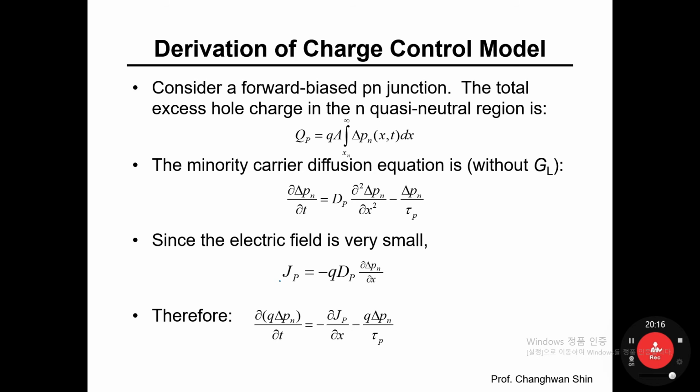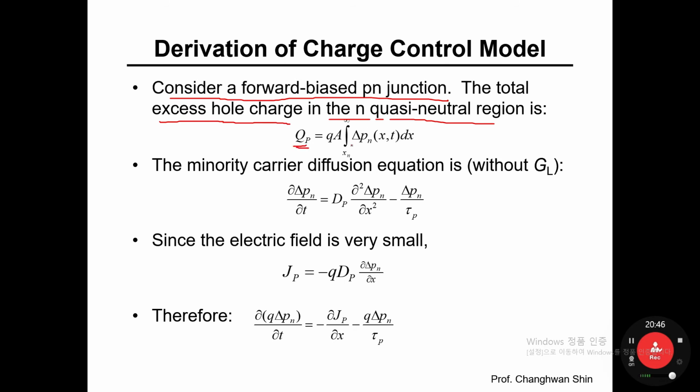So to get to the ideal diode equation, let's begin with this slide. Let's consider a forward biased PN junction again. Let's consider a forward biased PN junction and the total excess hole charge inside the quasi-neutral region is Qp.